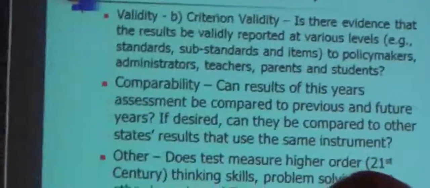Other things that we may be concerned about is the level of our content standards. Do they include thinking, conceptual understanding, problem solving? And so those are things that we can probe again with the web alignment tool.